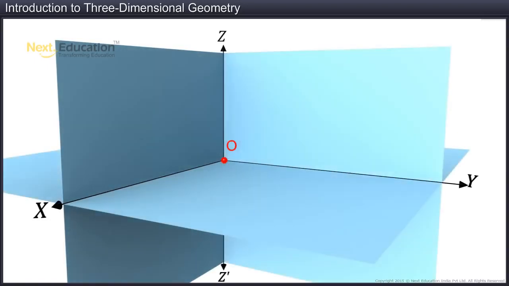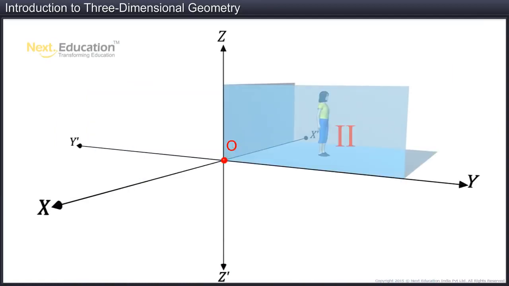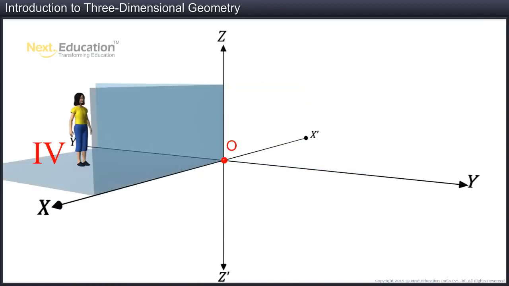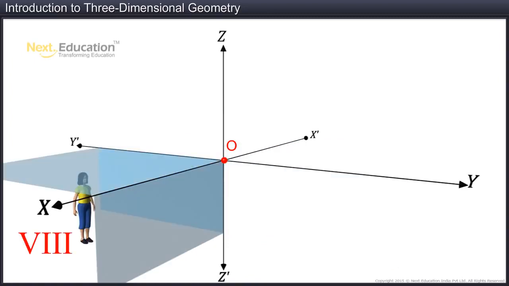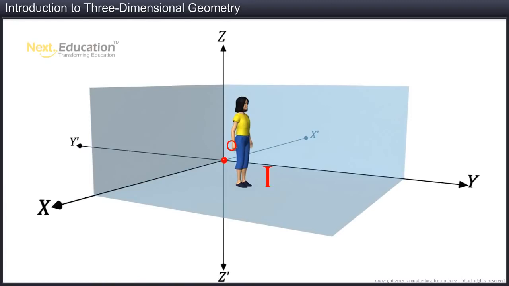The xy plane, yz plane, and zx plane divide space into 8 octants. Here, XOYZ is an octant. This octant is enclosed by the XYZ axis. Similarly, the other octants are named according to the axis that enclose them.